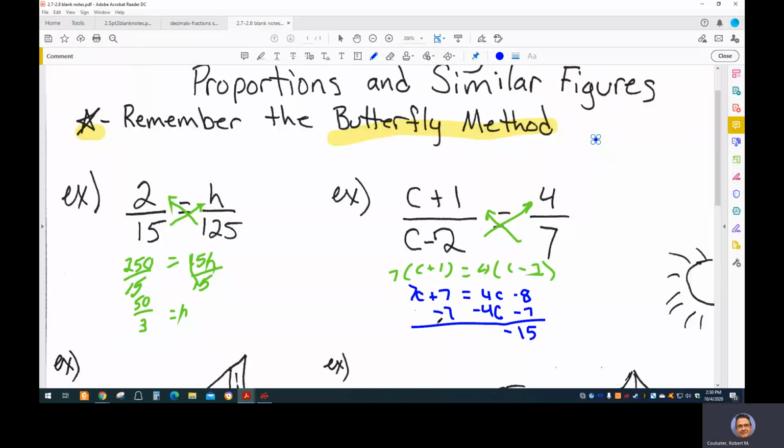Our constants will stay to the right. Seven minus 4 is 3. And hopefully we should see this answer already coming. So C is going to equal, well, negative 15 divided by 3 is a negative 5. Great, not so bad.